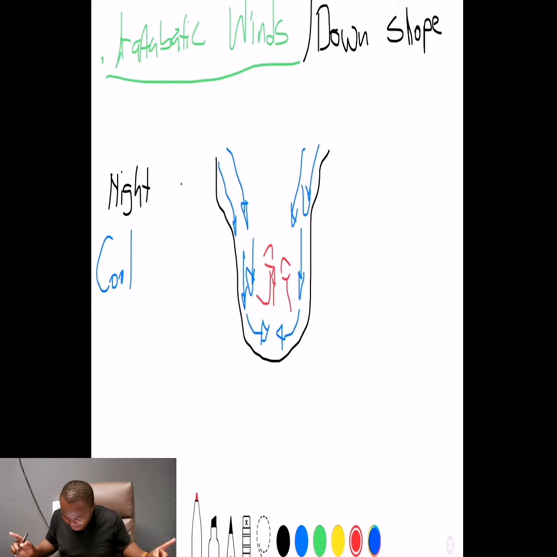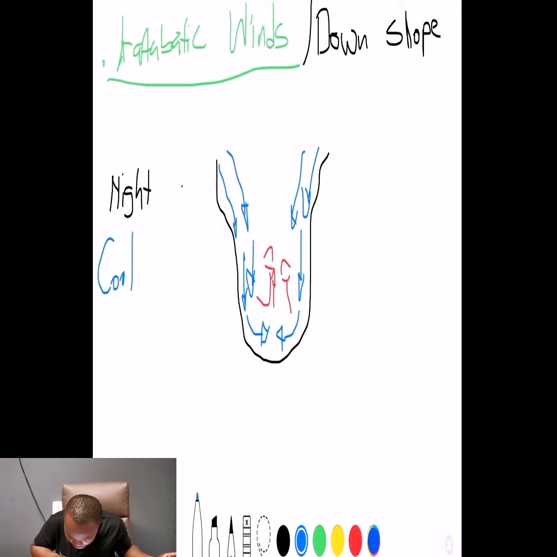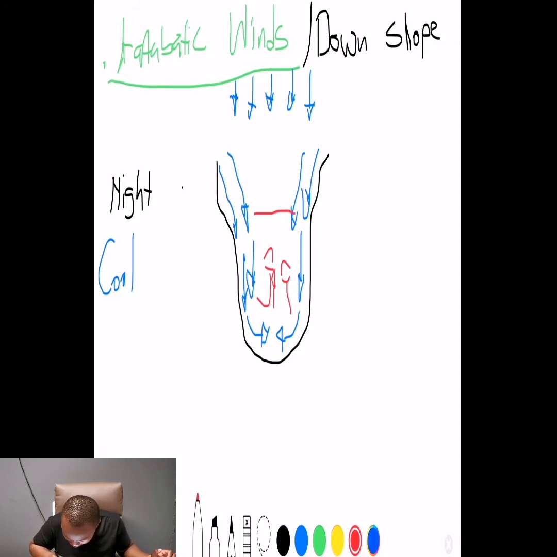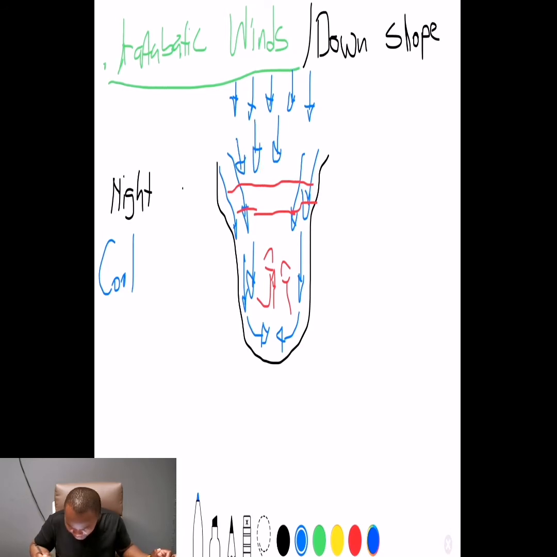Just because it is at night, we have a strong subsiding air that is coming from our atmosphere. And then again, this warm air is being prevented from rising out of the valley because of the strong subsiding air at night, the cold air that is coming from our atmosphere.